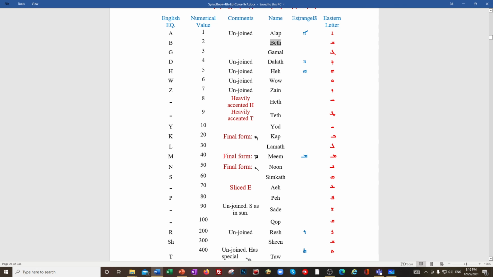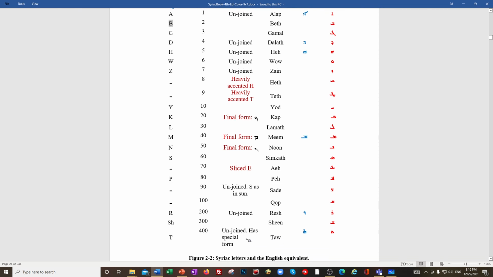We have a couple of things about Beth when we study this letter, and chapter 6 will give us more information about Beth, because this letter is used in the grammar as a preposition letter in Syriac. Numeric value is 2, and it's a B in English.